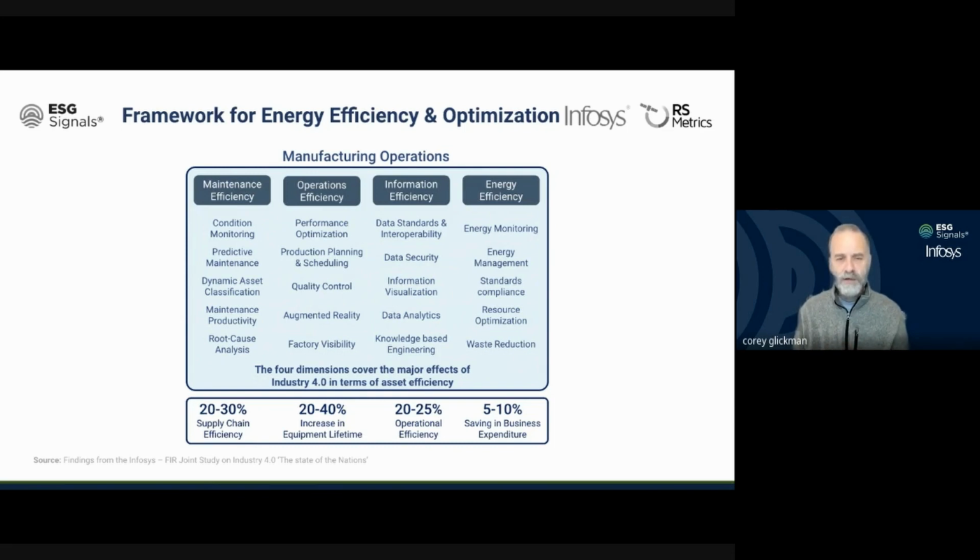Now, in the second category around operations efficiency, we're talking about performance optimization. So how do I get the most out of the systems that I've created here? How can I deal with my production planning and scheduling, which I find is one of the largest challenges for any manufacturing system? They have their line set up. They're all set up to produce a certain type of product in a certain time frame, and something has changed.